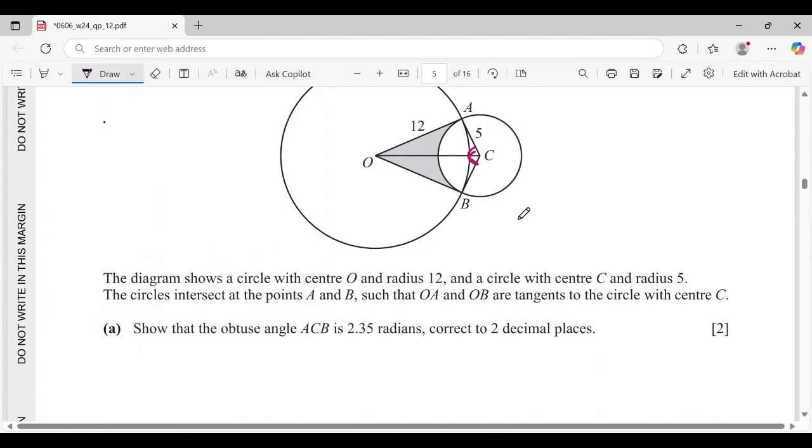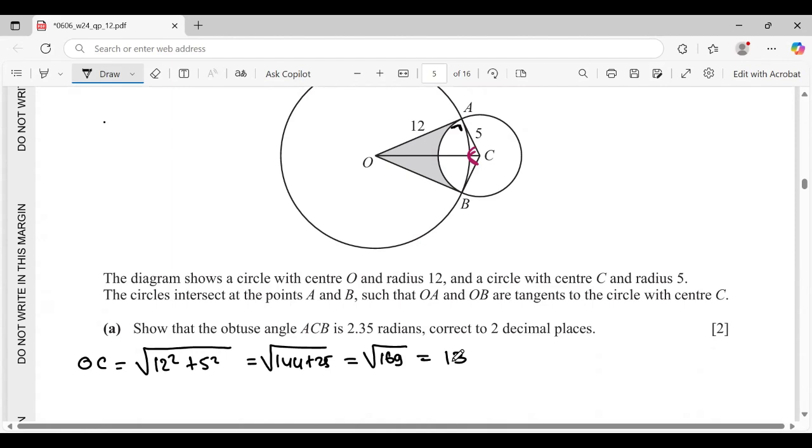So look, OC, this is a right angle triangle with hypotenuse OC. So OC equals the square root of 12 squared plus 5 squared, 144 plus 25, square root of 169, and the result is 13. After that, we are going to find angle OCA.